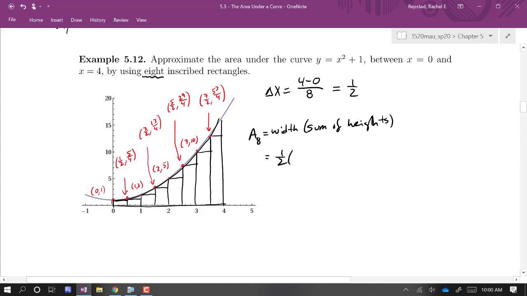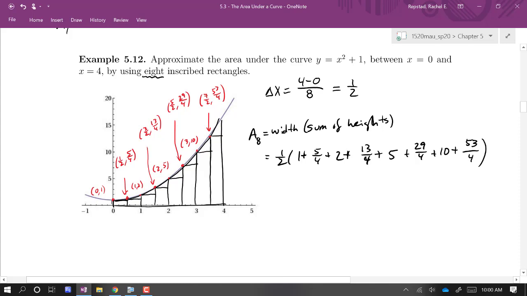So those are all the y coordinates. 1 plus 5/4 plus 2 plus 13 quarters plus 5 plus 29 quarters plus 10 plus 53 quarters.